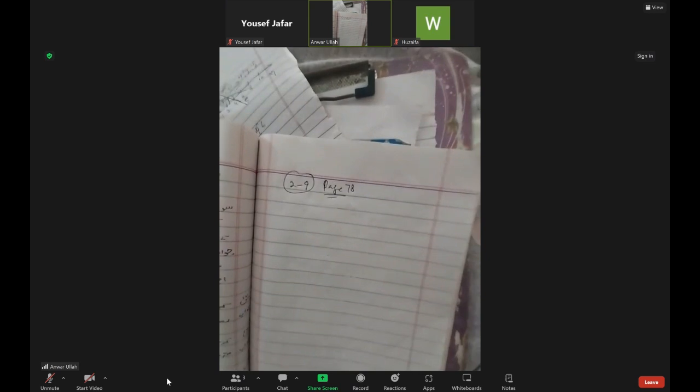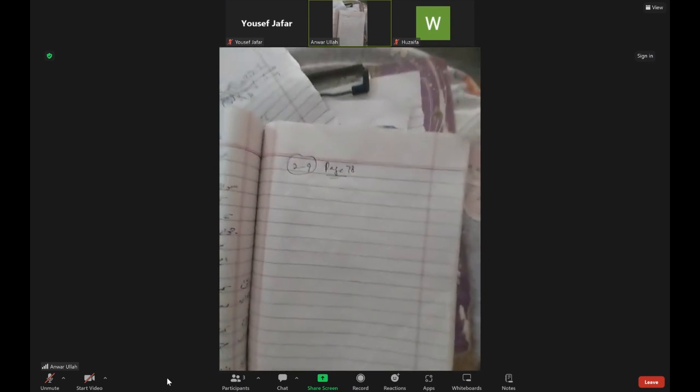Yes, it's Taha textbook. It is 2.9 and page 78 for your reference, so that you can see it later on if you want to.